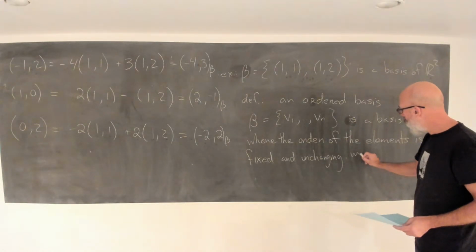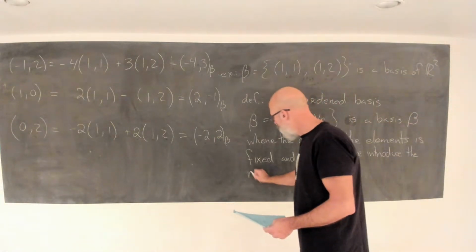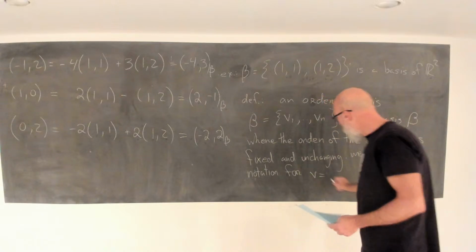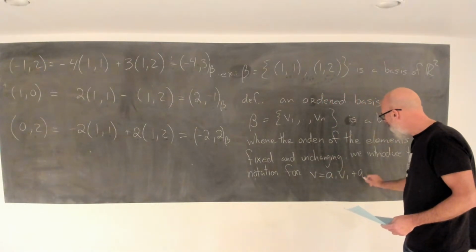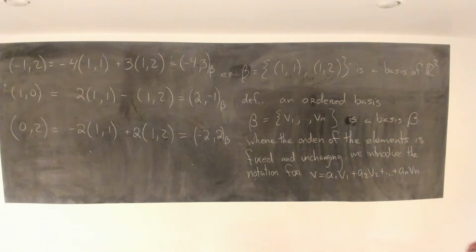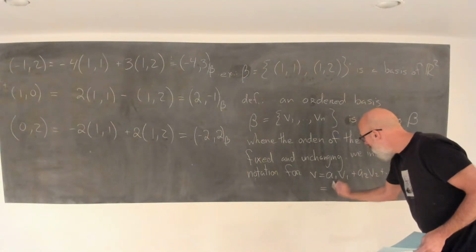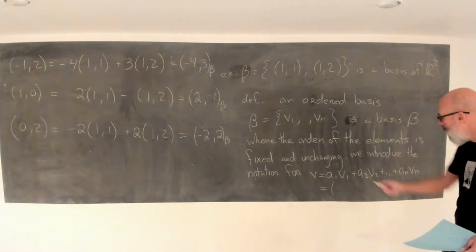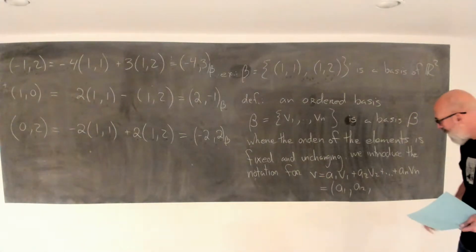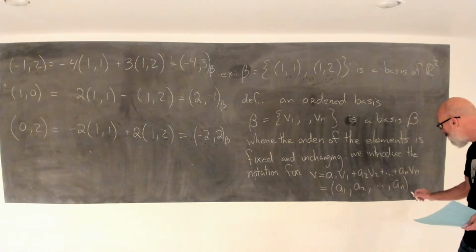We introduce a notation. For a V which is a linear combination of those elements in the ordered basis, if you can write V as a linear combination, then this is a1 times the first one, plus a2 times the second, and so on, all the way to plus an times the last.